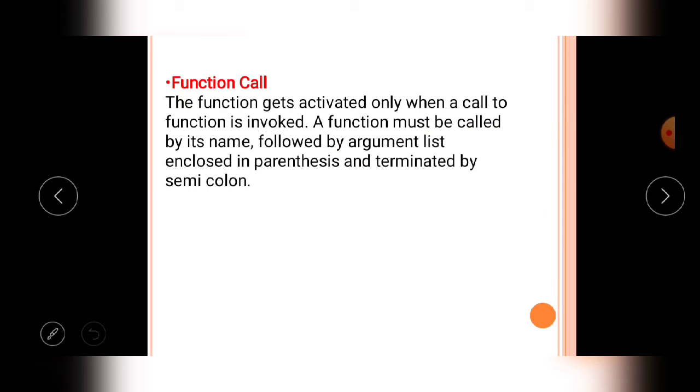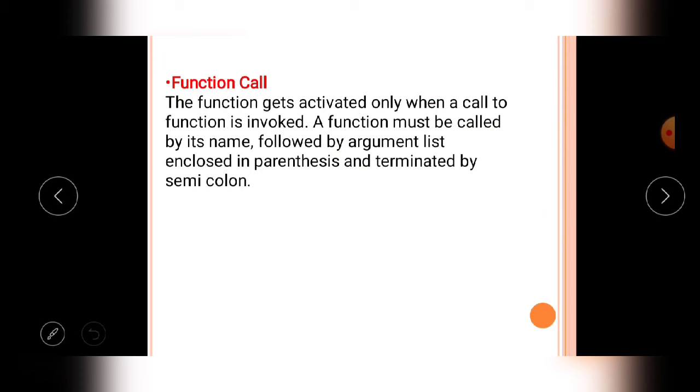Then next, function call. The function gets activated only when a call to the function is invoked. A function must be called by its name followed by the arguments list enclosed in parentheses and terminated by a semicolon.